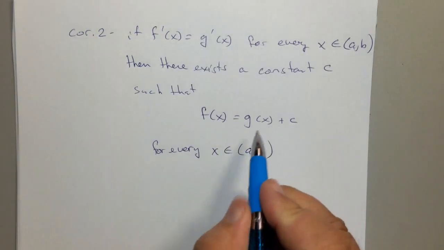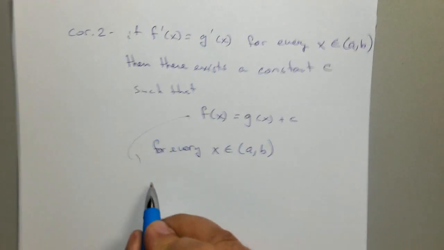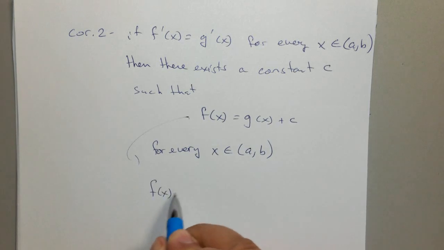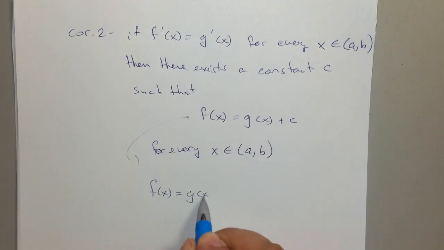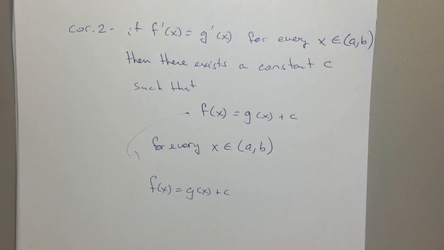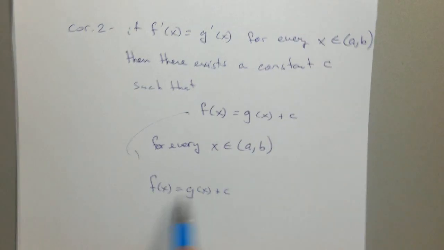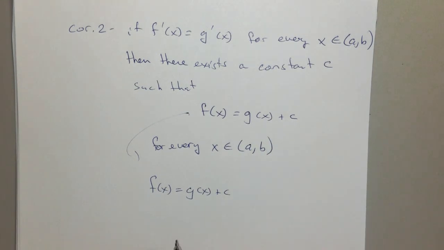So what this really says is f of x equals g of x plus c. These are examples of parallel lines. They have the same slopes, but they are shifted from each other.